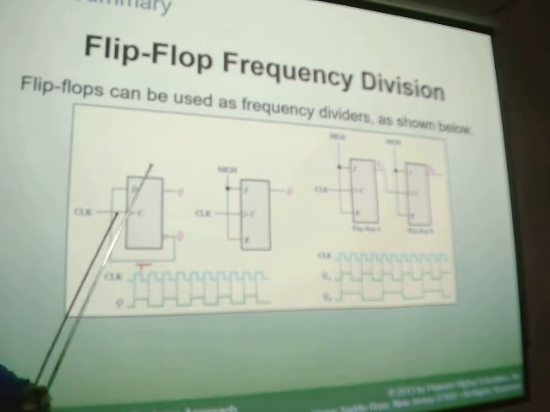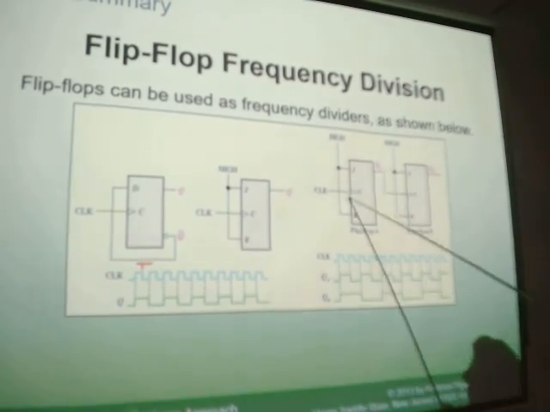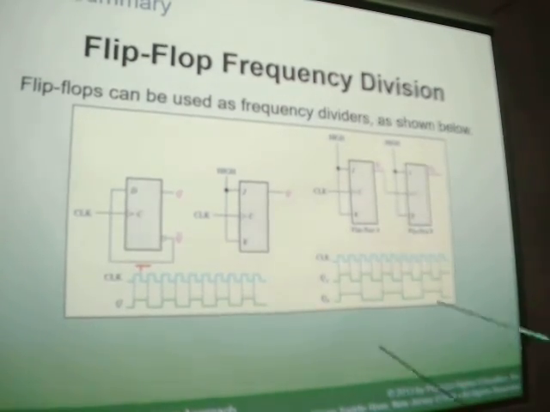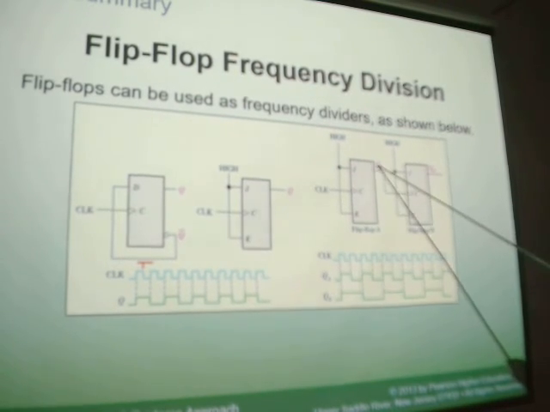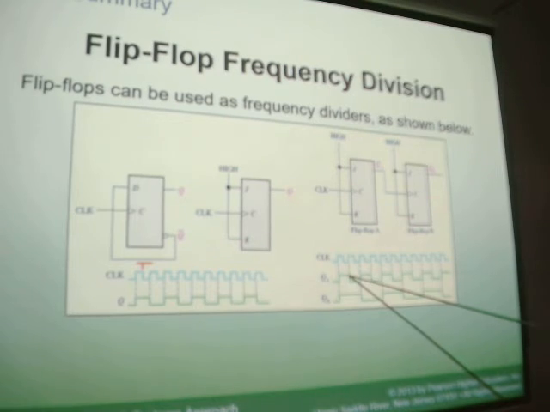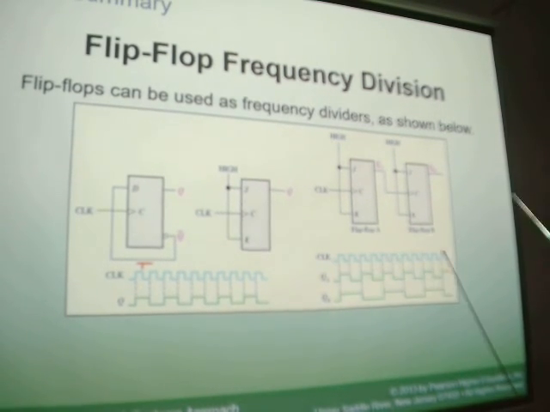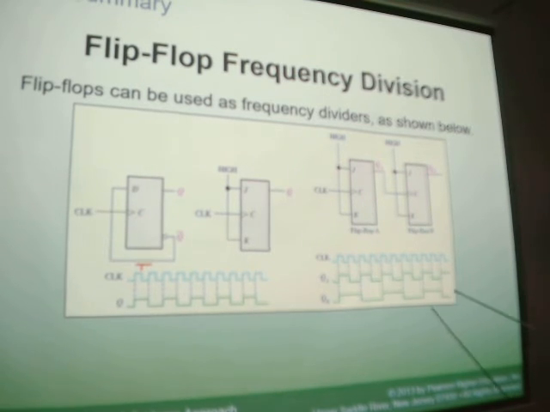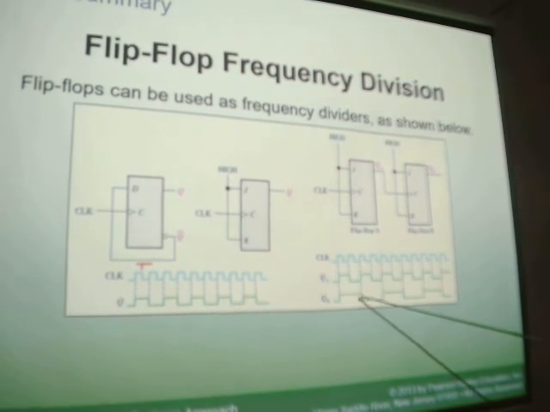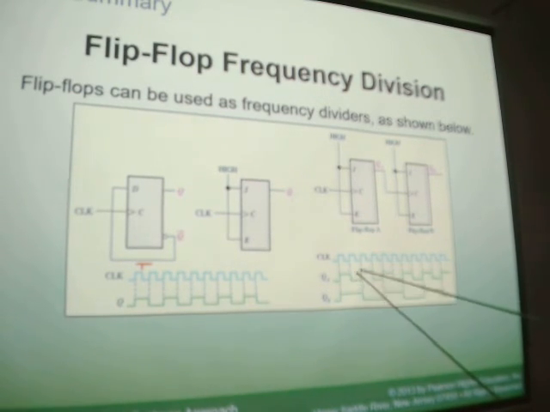For this diagram, there are 2 JK flip-flops. The frequency of QA is half of the frequency of the clock, and the frequency of QB is also half of the frequency of QA.